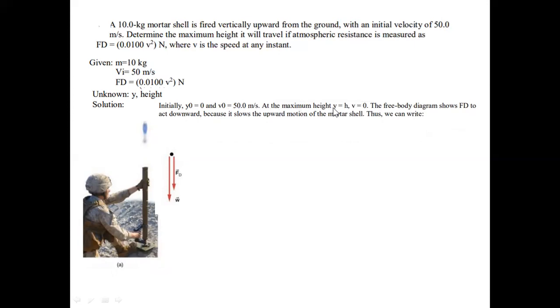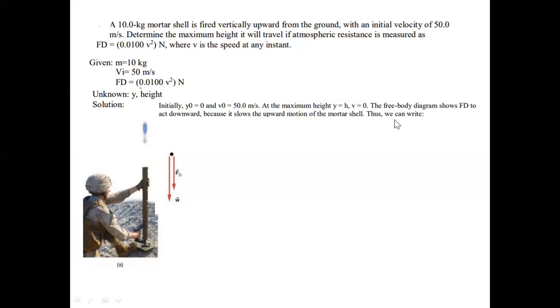At the maximum height, y is equal to h. The velocity at that point would be equal to 0. The free body diagram shows the drag force acting downwards, since this is resistance, because it slows the upward motion of the mortar shell until it falls down.